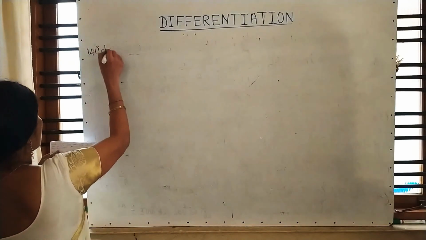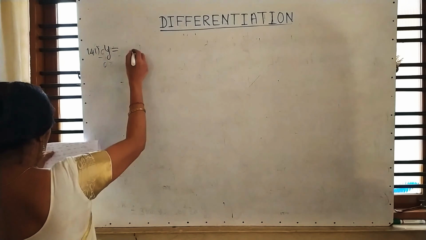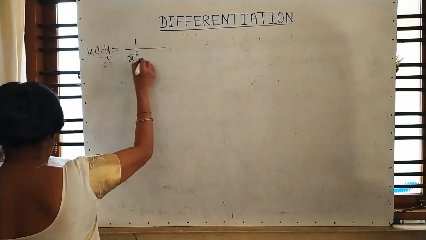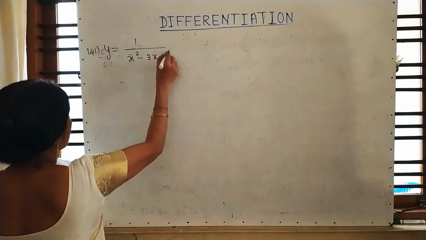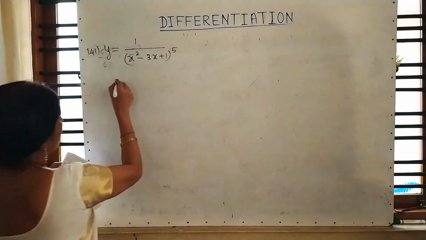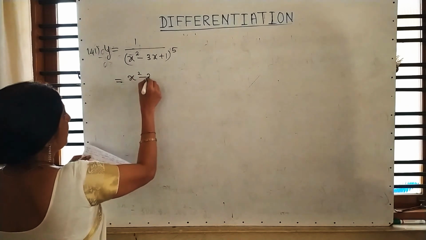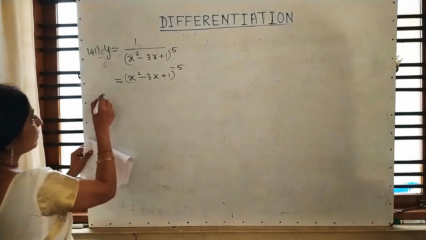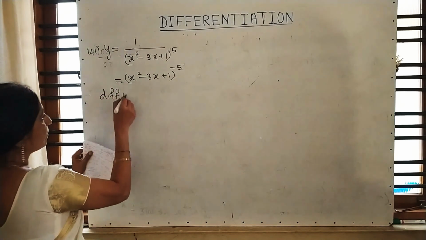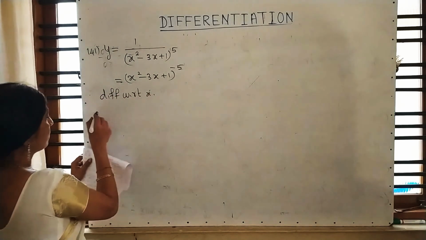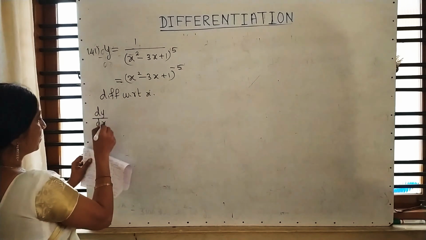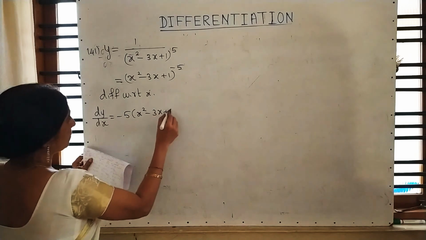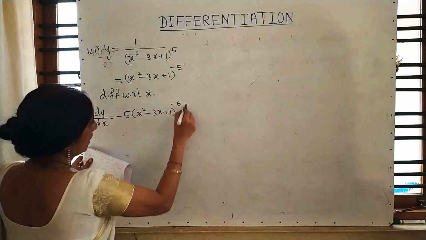141, y is equal to 1 upon (x square minus 3x plus 1) raised to 5. In the numerator we don't have an x, I wrote like this. First power, minus 5 minus 1 is minus 6.